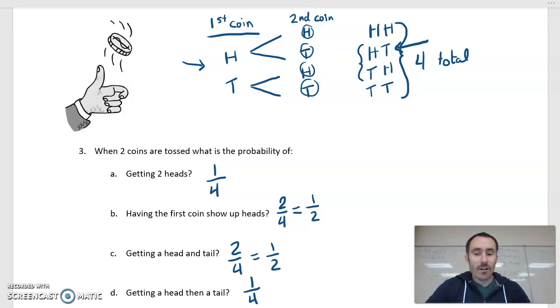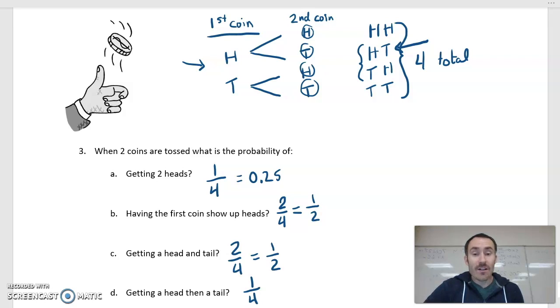Now let's go back and look at all of these fractions, because these probabilities can be expressed in a few different ways. So 1 out of 4 is the fraction version, but we can say that as a decimal as well. 1 divided by 4. So if you did that on your calculator, you'd get 0.25. Okay.